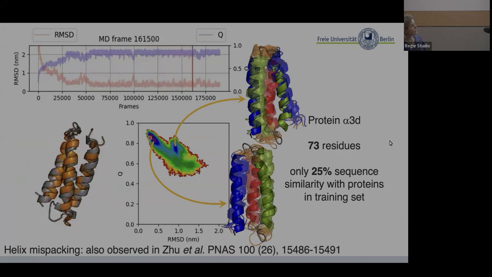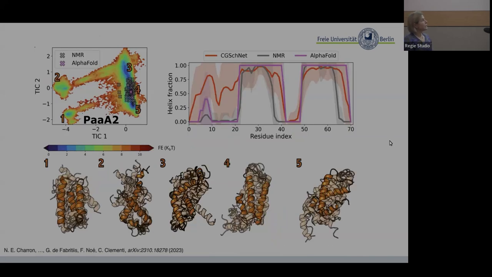This is the mirror image of this. Two helices are swapped. And interestingly, this protein was designed starting from a helix bundle, and during the design, they found this as well. And then they tried to design it out, but this was observed. So our model also recovers this alternative structure.